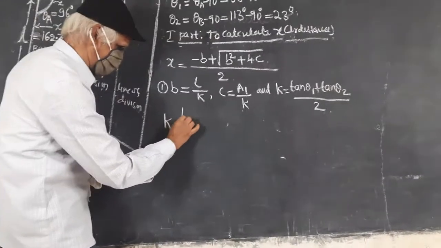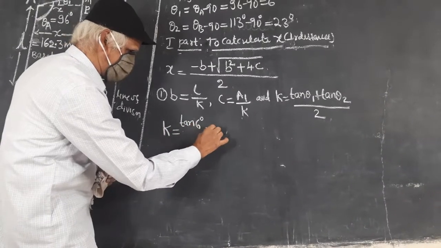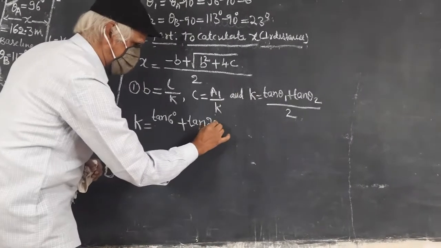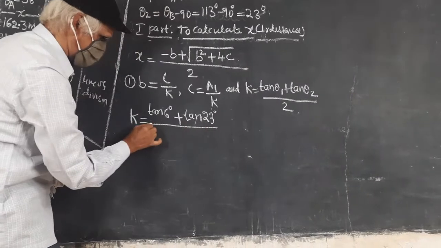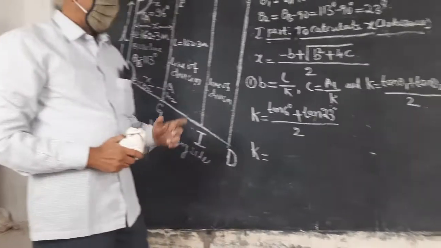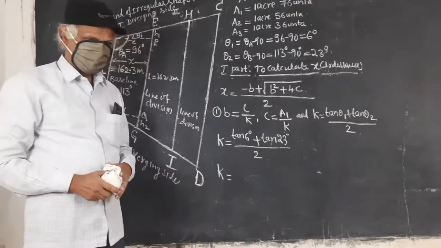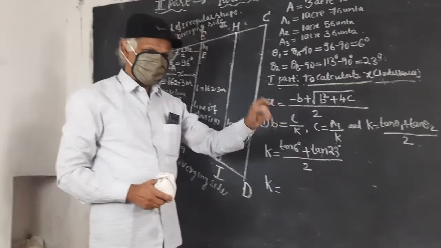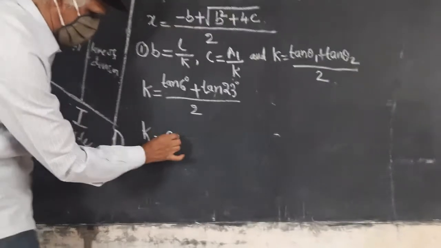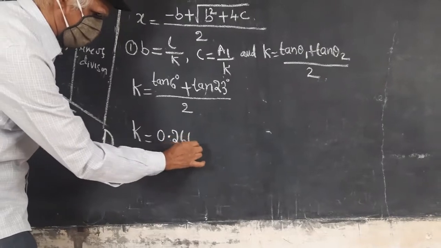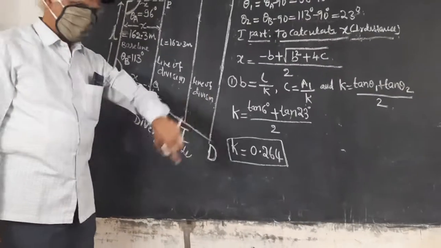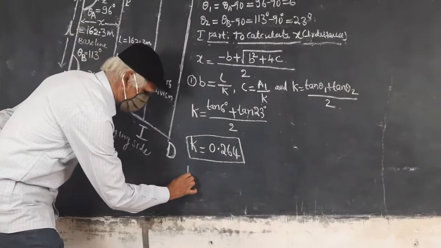So the k is equal to tan 6 degree, substituting for theta 1, and tan 23 degree, substituting for theta 2, and dividing it by 2. So on simplification, up to the accuracy of the third decimal place, one gets k is equal to 0.264. So after finding k, let us find b.